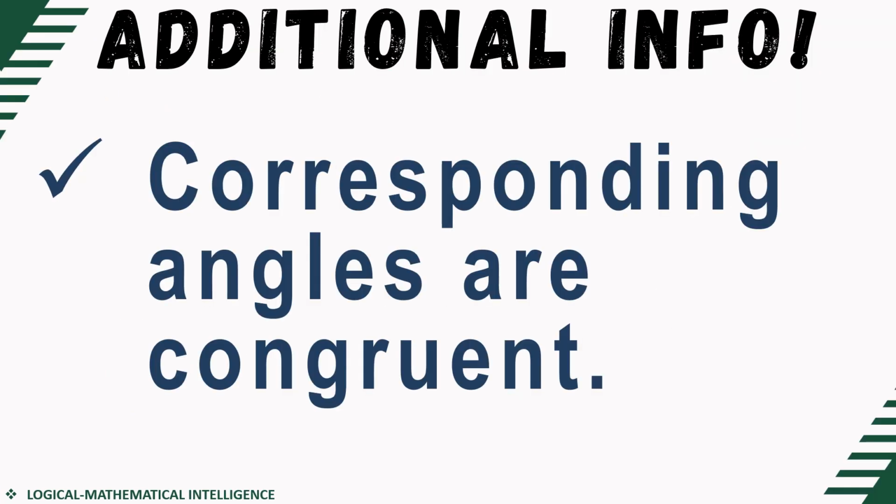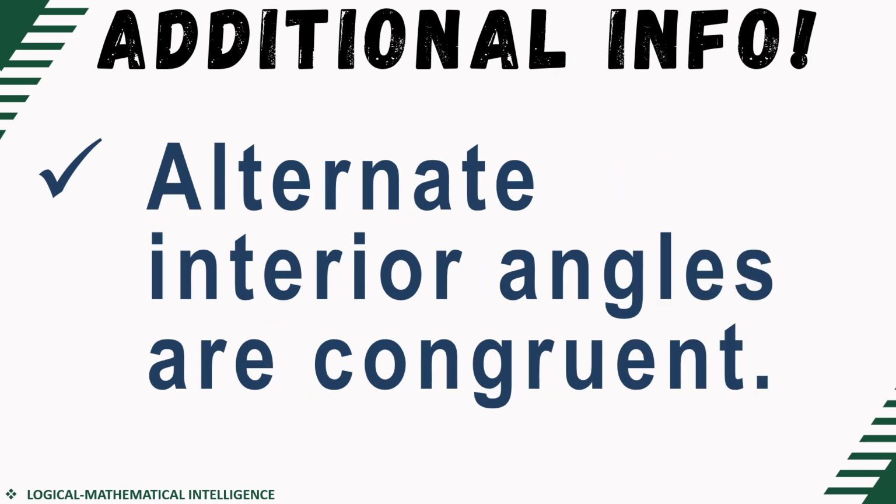Now, before we proceed with angle measure, I'd like you to take note of this additional information. This will guide you in getting the angle measures as easy as you can. So take note that corresponding angles are always congruent. Next, alternate interior angles are congruent as well.